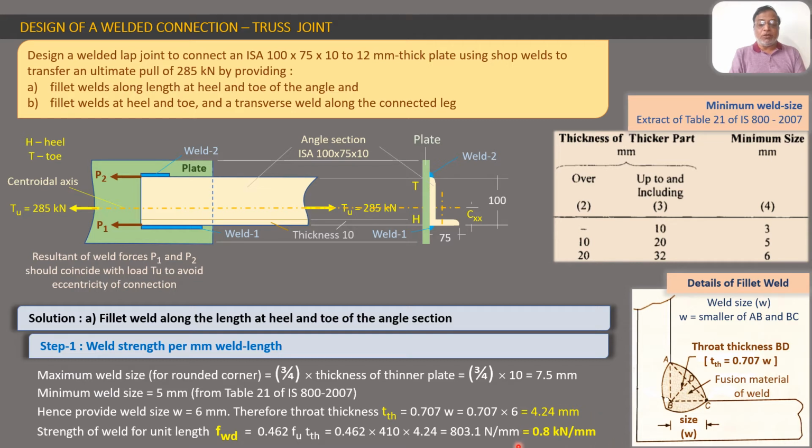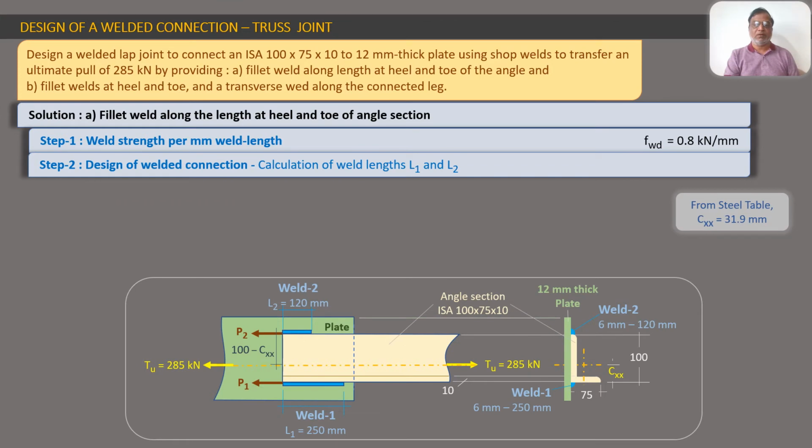The conclusion of this step is that 1 mm length of the weld will resist a force of 0.8 kilonewton. So if you provide 1 mm of weld, it will generate a force of resistance P1 of say 0.8 kilonewton. So that was the conclusion of step 1.